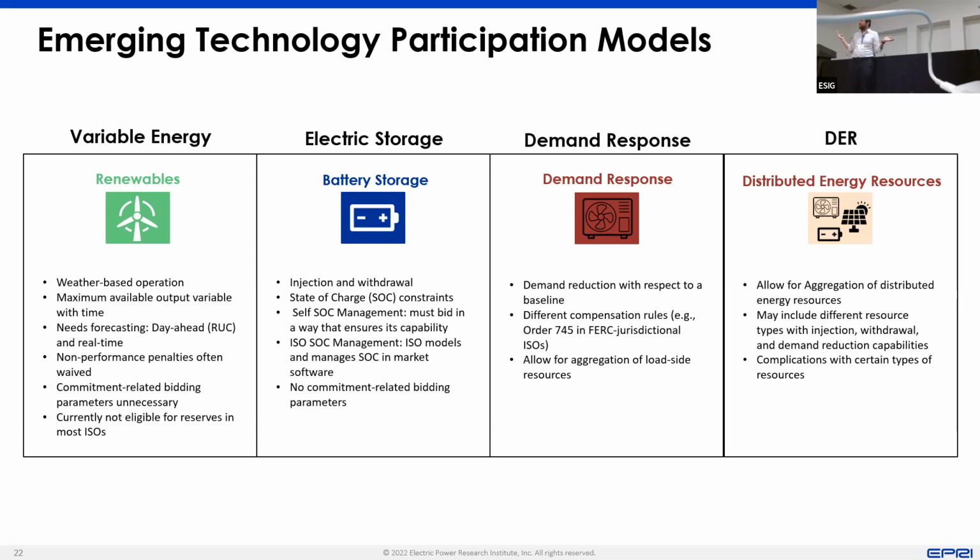They don't use commitment parameters. You don't have a minimum generation for a wind facility or a solar facility. And they also may have performance penalties waived because they're not controllable. And they also might not be eligible for certain products, for certain services.